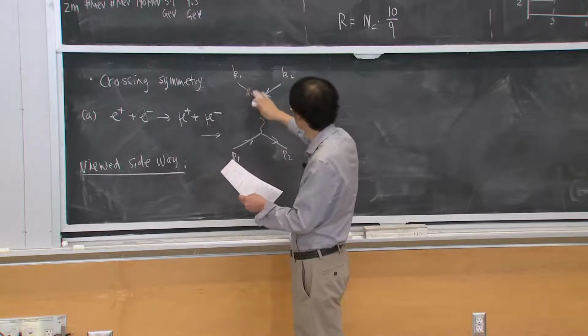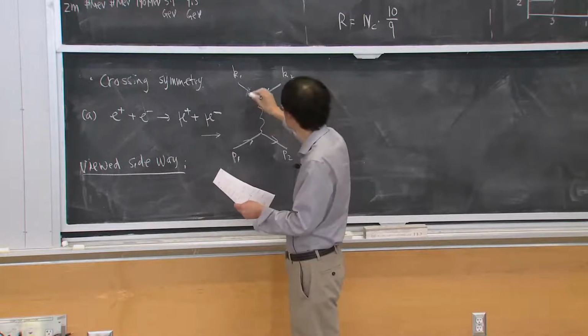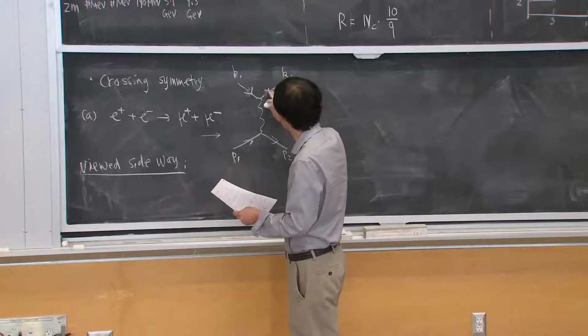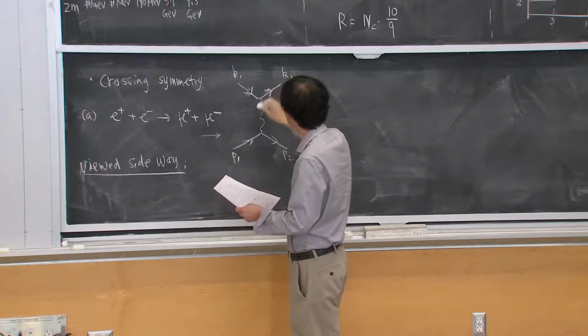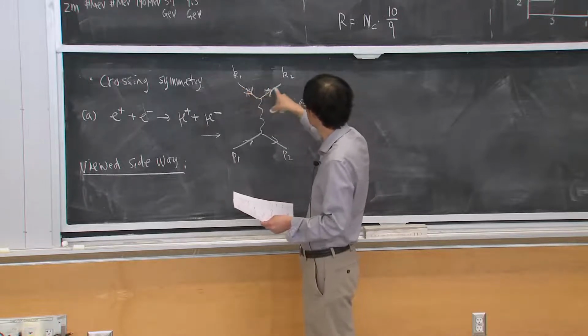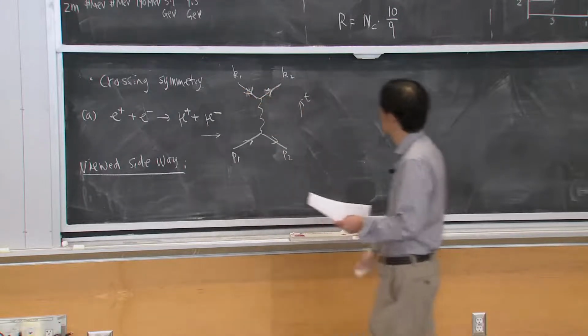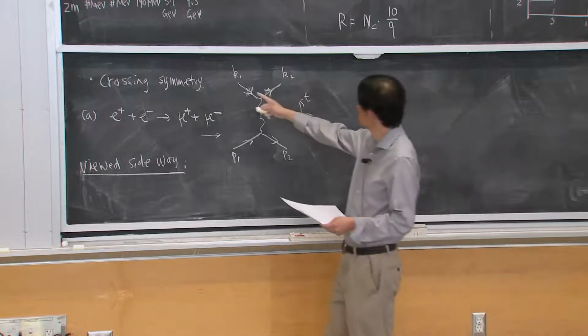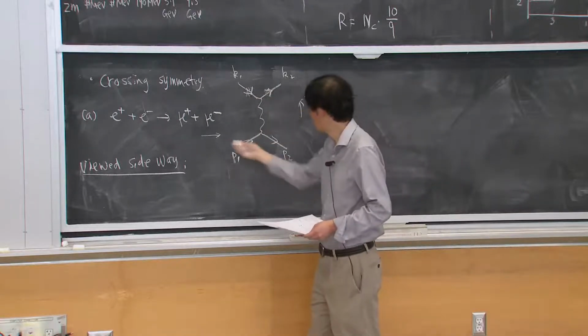Let me draw the arrow this way, it doesn't matter. So that this is the mu, and this is the mu plus. Okay, so now let's view it this way.